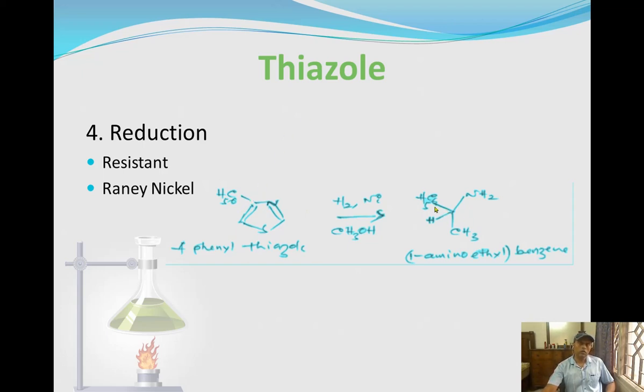See, you have C6H5, that is from here, and you have NH2 from this nitrogen from thiazole here, and you are going to get CH3 from this C5 carbon, and you're going to get hydrogen over there. And this product is 1-amino ethyl benzene. That is the product you are going to get. That is the ring opened product. That is about the reduction.